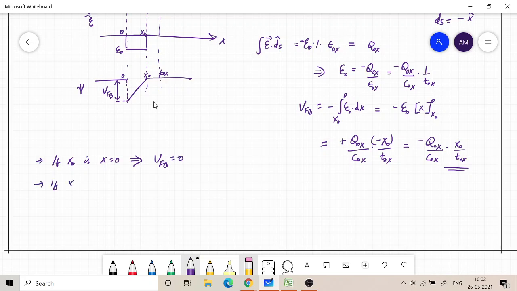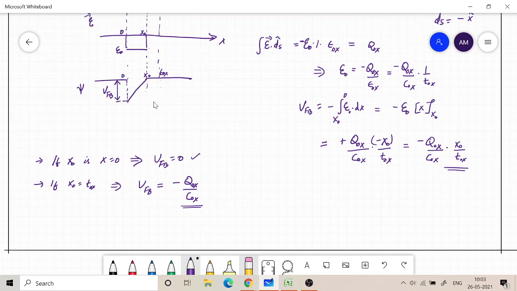On the other hand, if x naught is equal to Tox, that is the other extreme at the interface, then we have flat band voltage maximum, and that is going to be Tox by Tox, so that is basically Qox by Cox. Okay, so this is the case of maximum, and this is the case of minimum.